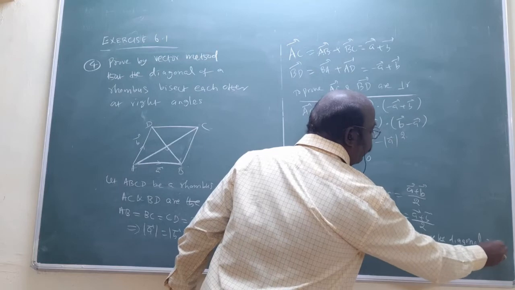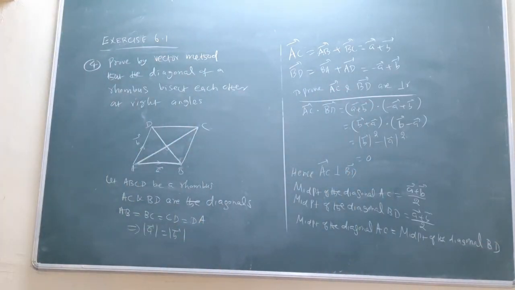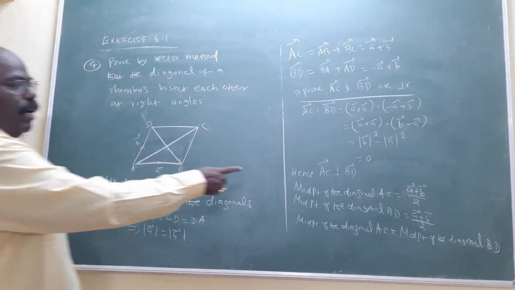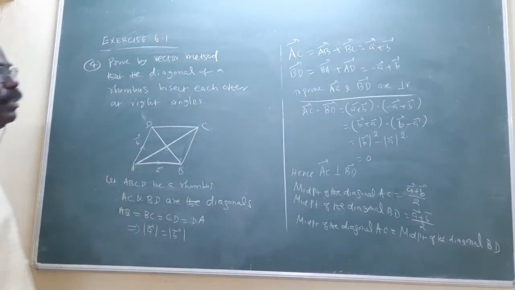That's why, what is the conclusion? The diagonals of the rhombus bisect each other at right angle. First part, 90. That is right angle. And next one is what? Midpoints of diagonals are equal, so they bisect each other.